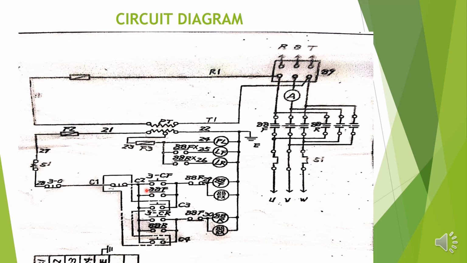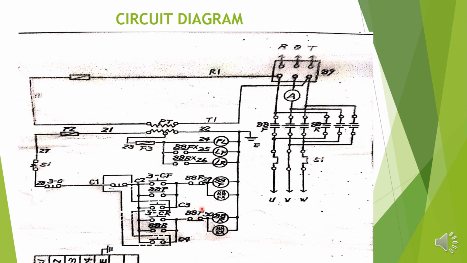Now if you want to start in the reverse direction, the power will come from the local panel to here. Once you press this 3CR, the start push button from the panel, power will come to here.